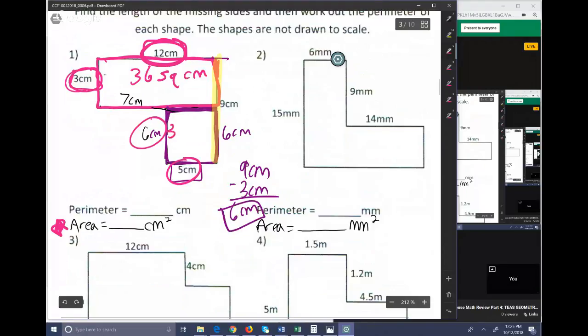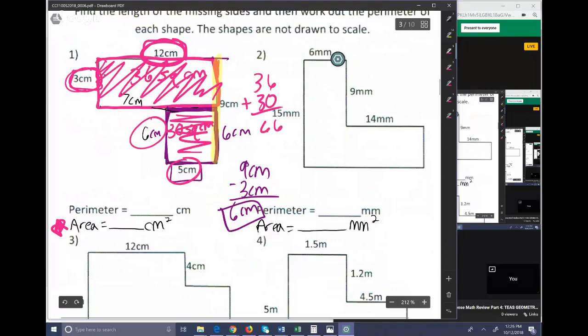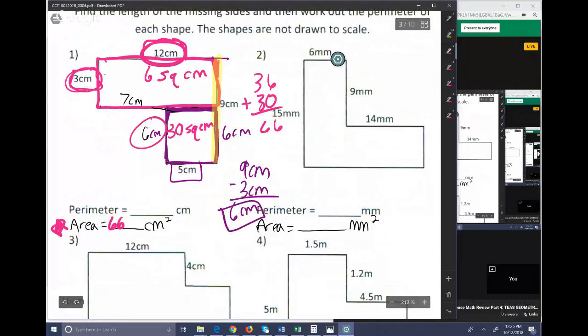If you multiply 6 times 5, you'll get 30 square centimeters. Now we're just going to combine those together to show that if you put together this amount of space and this amount of space, you're going to get 36 plus 30, or 66. So the area is 66 square centimeters, or centimeters squared.